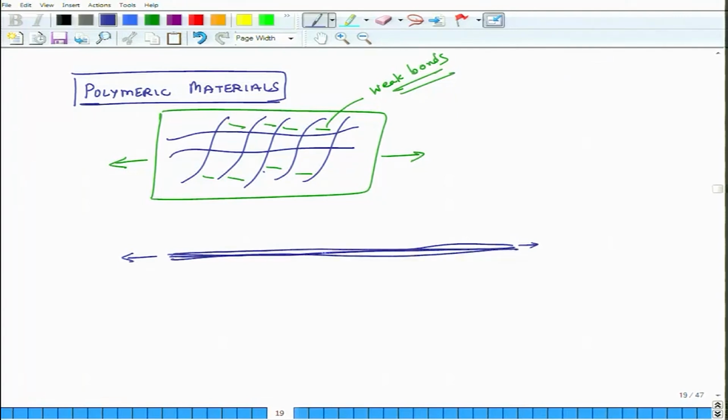So, if I have to break this, I have to actually break the chains, I do not have to break just the bonds. And the bond within the chain is significantly higher than these weak bonds. So, it is much harder to break fibers of polymeric materials compared to the bulk material.